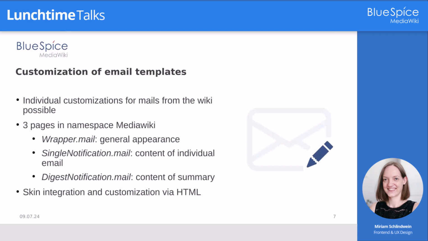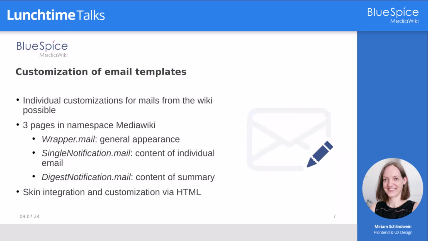So we have the single notification, that's the content for an individual email, because you can select how your emails should be sent. Should they be sent directly to you if an event happened? So, for example, if a page was created and you want to get notified about that, then this is sent directly.